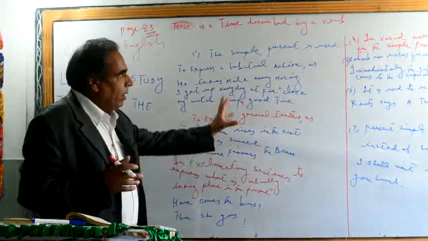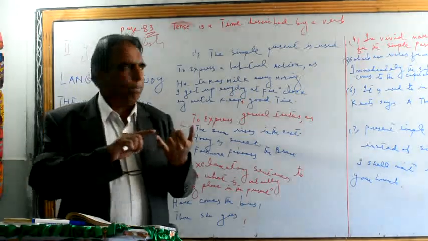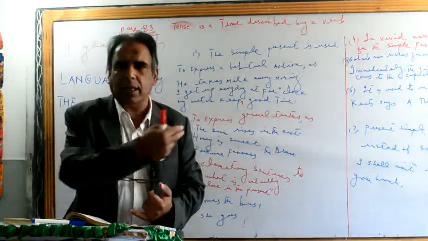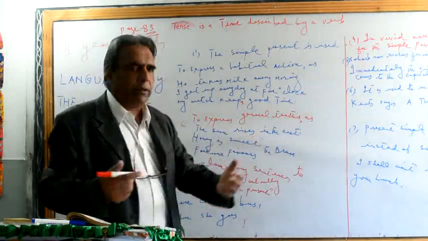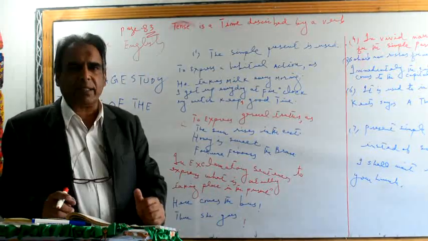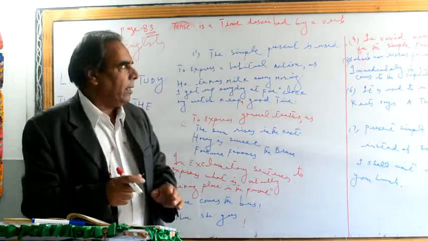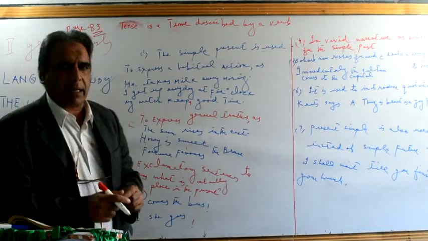So, the other uses, like you have seen, the simple present tense is used to express habitual actions. Number two, to express general truths. Number three, exclamatory statements. And then there is another use, and that rule is in vivid narrative as substitute for the past.